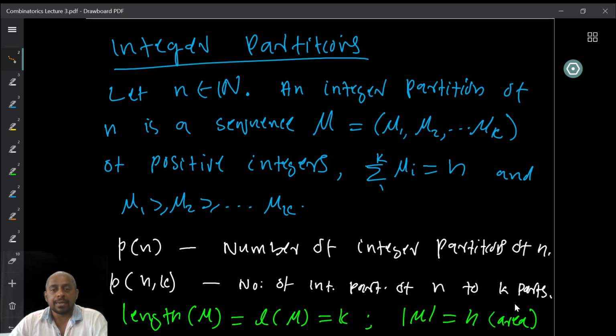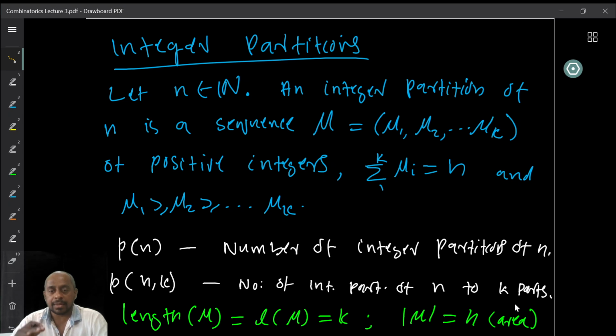Or in other words, what we are saying is that we don't really worry about the order, right? In the composition, we were saying that if 1 appears at the first position and 2 appears at the second position, that is different from 2 appearing at the first position and 1 at the second position.